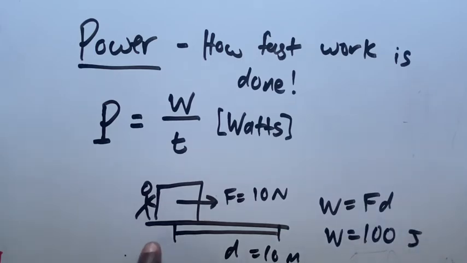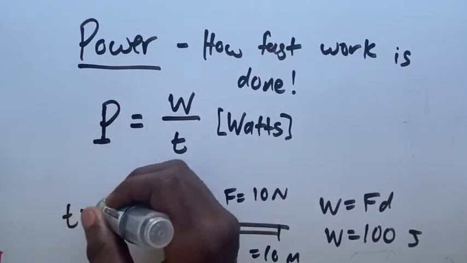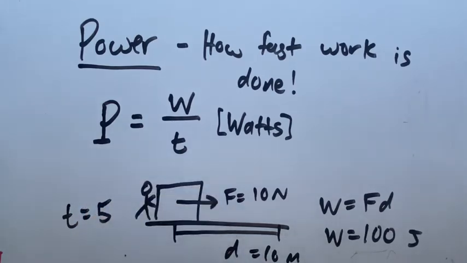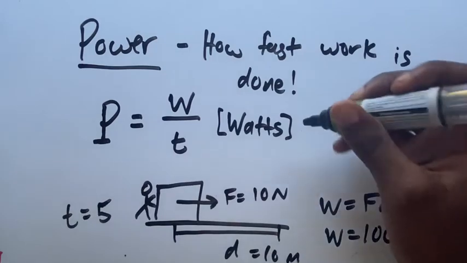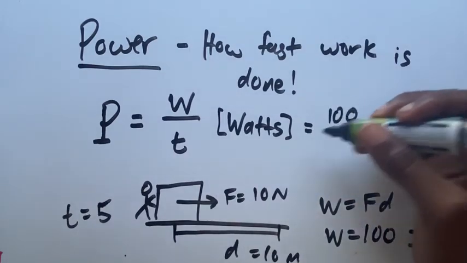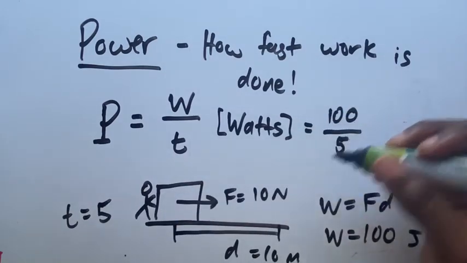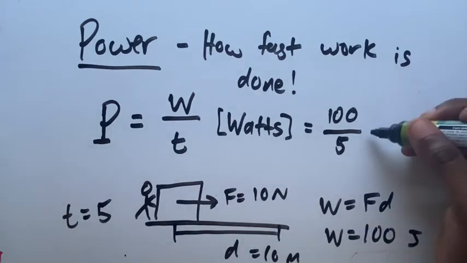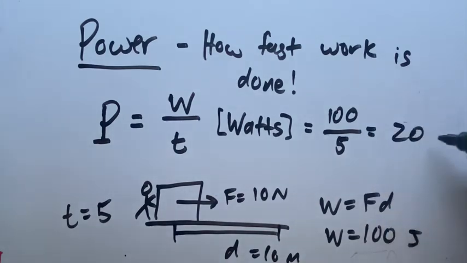Now let's say you push that box 10 meters in 5 seconds. The power required for you to move this box 10 meters in 5 seconds, if you push it at 10 newtons, is going to be 100 divided by 5. So that's going to be 20 watts.